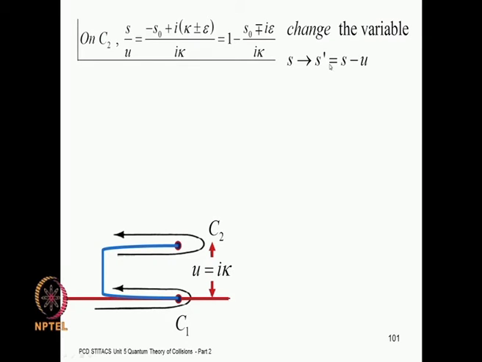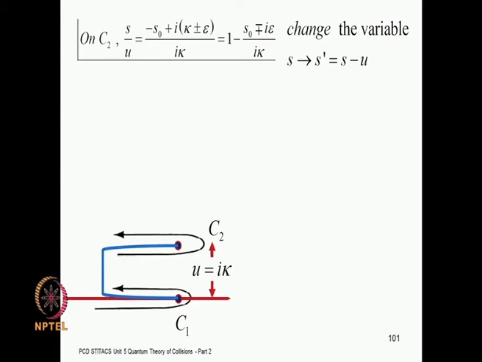What will s prime do? s prime will bring all points over here on the contour C2, as a point goes along the path on C2, and at each point if you subtract i kappa, you will be going over C1, right. So you can transform the integral from C2 to C1 by changing the integration variable from s to s prime.